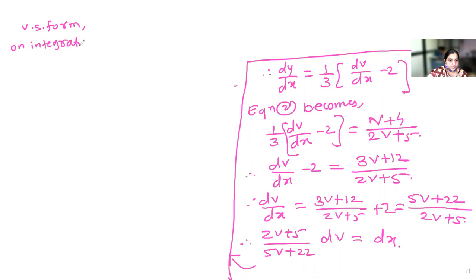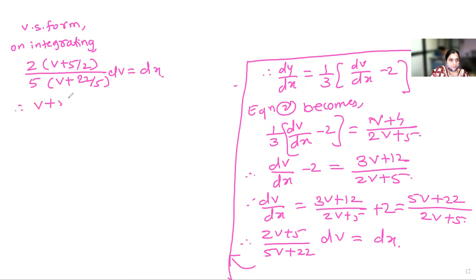On integrating, what do we get? In 2v plus 5, from the numerator you have to take which term common? Take 2 common, so it becomes 2 into bracket v plus 5 upon 2, divided by, from the denominator take 5 common, so it becomes v plus 22 divided by 5, into dv is equal to dx. Therefore v plus 5 by 2 divided by v plus 22 divided by 5 into dv is equal to 5 by 2 dx.